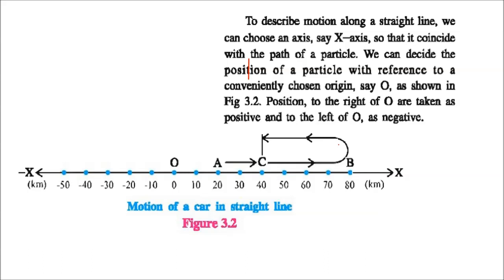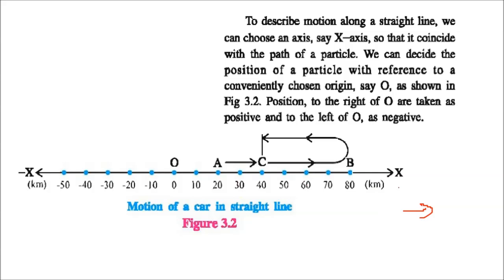Let us describe the motion along a straight line. We will choose an axis and say this is the x-axis. Why are we choosing only one axis? Because in straight line motion, only one of the coordinates changes. Say x is the direction in which the object is changing its position, so the x-axis coincides with the path of the particle.